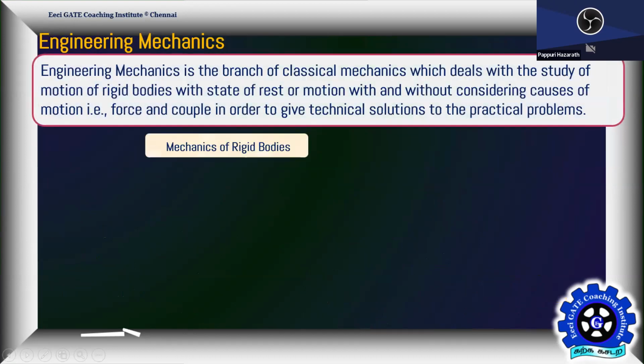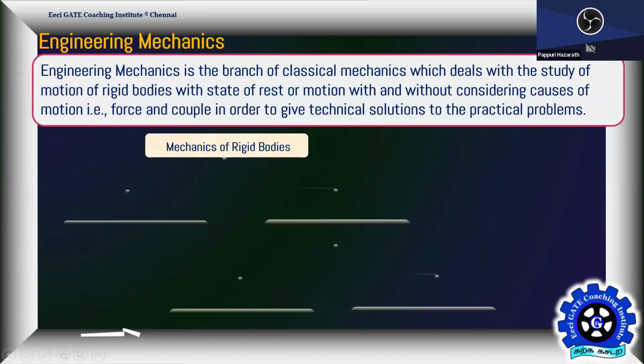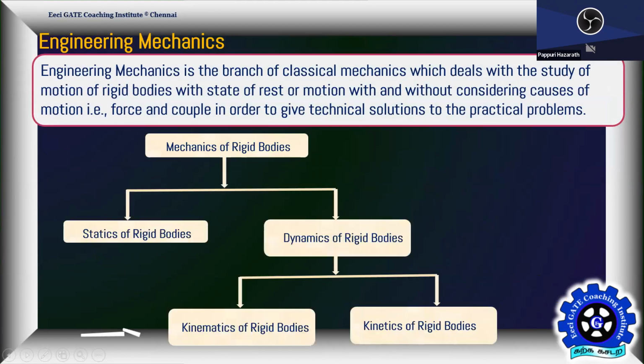Next, just now we discussed what is meant by engineering mechanics. Engineering mechanics is nothing but mechanics of rigid bodies. In this, statics of rigid bodies. In the static part, what are the things that need to be discussed? Tell me.